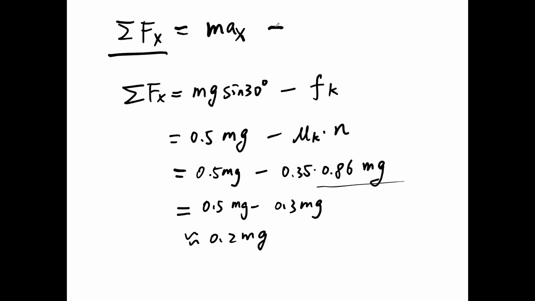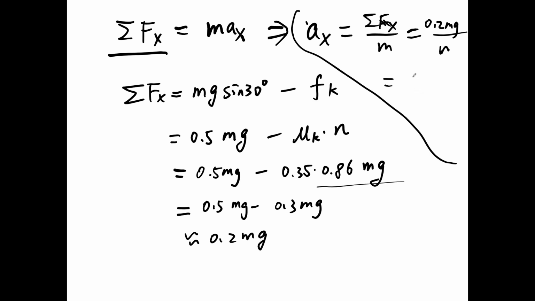So, okay. From here, we find that acceleration is the net force in the x direction divided by the mass, and we know net force is 0.2 mg, so divided by m, it is 0.2 g, roughly 2 meters per second squared.